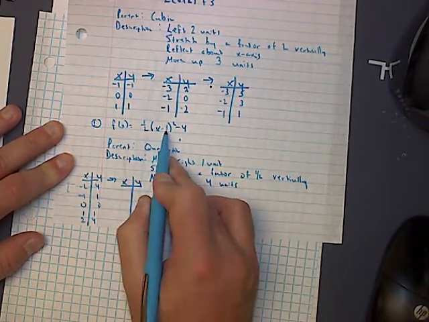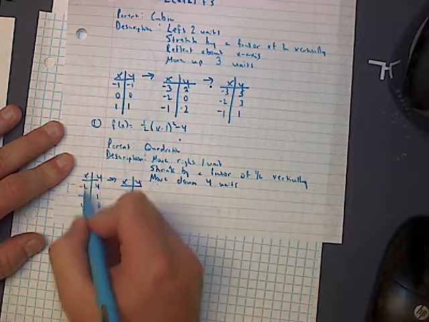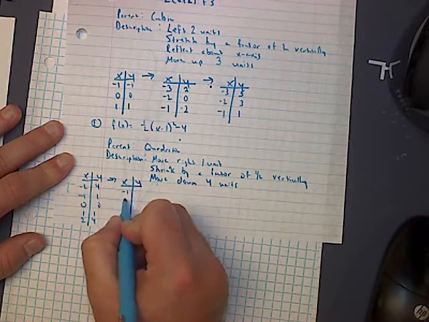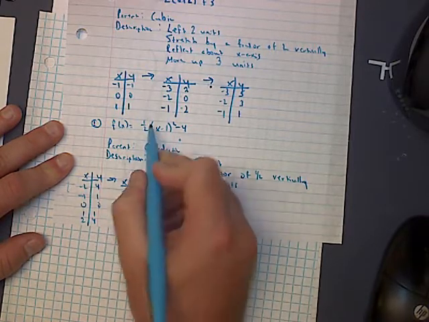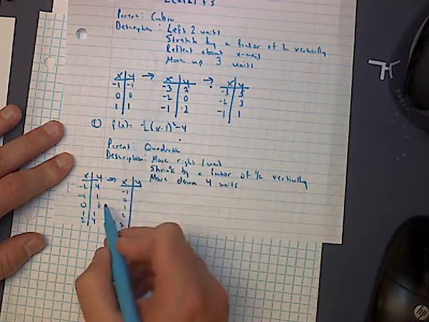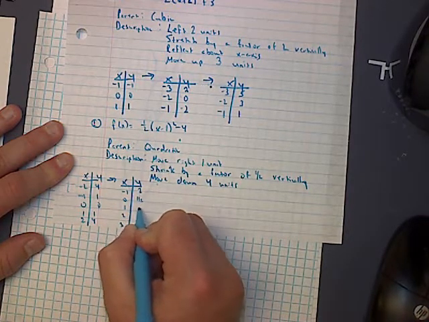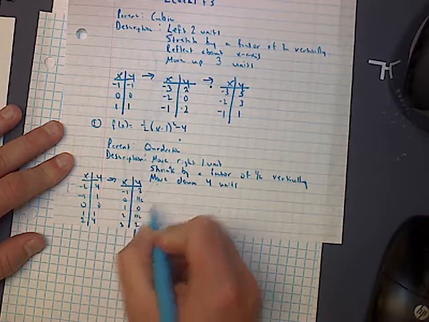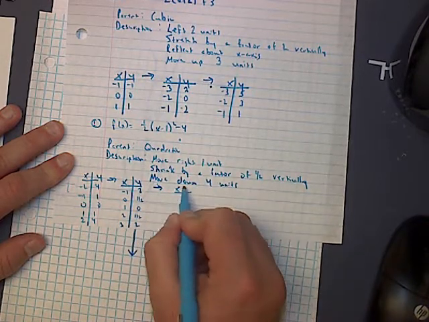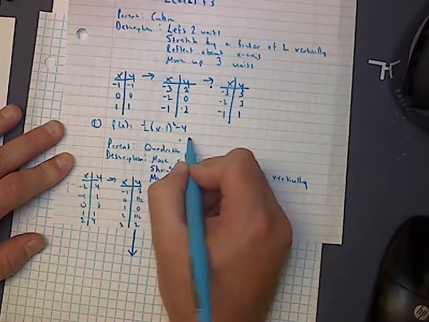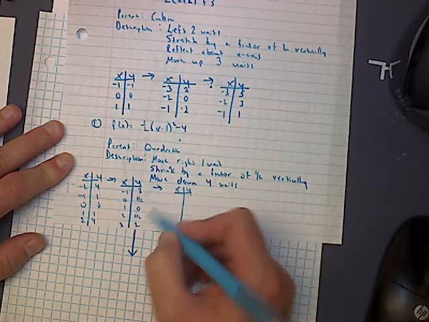Okay, that moves right 1, so I'm going to add 1 to the x. This is shrink by a factor of 1/2. I'm going to multiply my y's by 1/2. And this minus 4 means I'm going to add -4 to my y's.